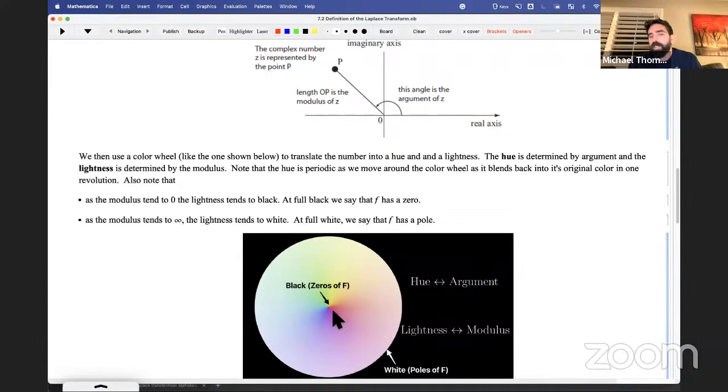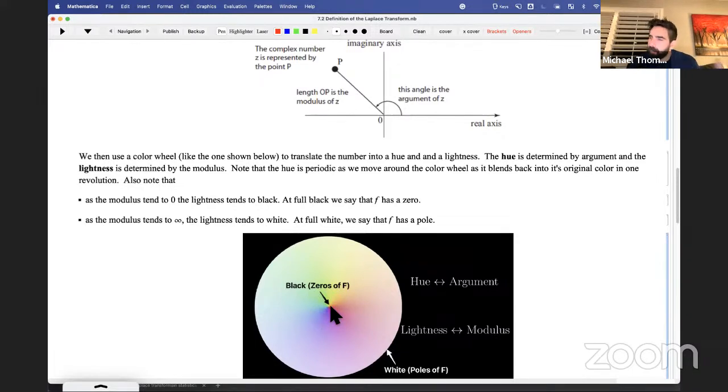For a smaller modulus, in fact, when the modulus is 0, that's a complex number of 0 with no length, your lightness will go completely dark and it's going to go black. So these are what we call the zeros of the function. And I'll explain why in just a minute.